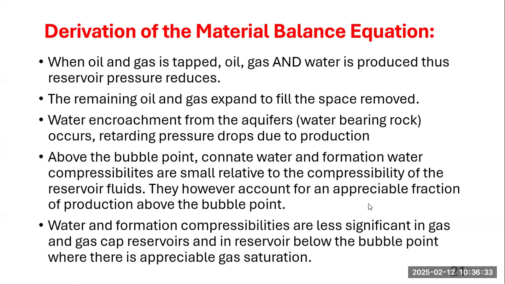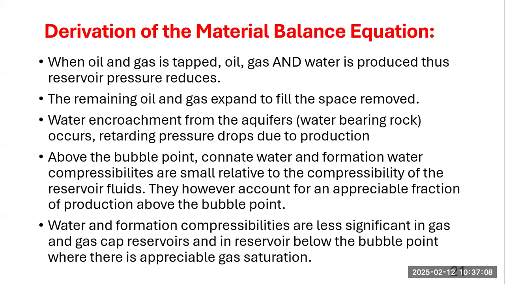Okay, so the derivation of the material balance equation. What happens? When your oil and gas are tapped, oil, gas, and water are produced, thus reservoir pressure reduces. When you have production of your oil and gas, there is a drop in pressure. Initially you can maintain the reservoir pressure between the initial pressure and the bubble point pressure.